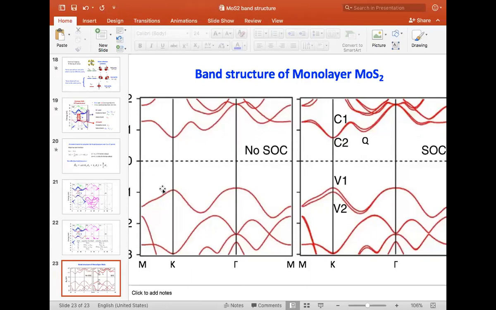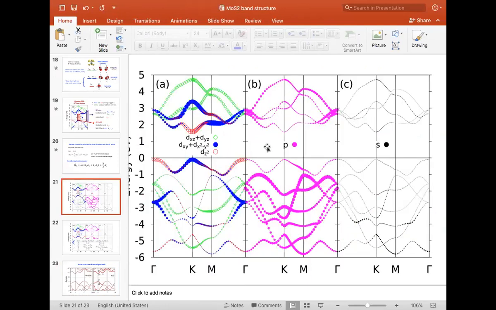When you look at this result, this is the p orbit of the S atom. We have not included the p orbit in our calculation. I want to make things simple. But the DFT calculation will include the orbit in the Se atom. So you can see that there is some p state here. Not big, but it is there.